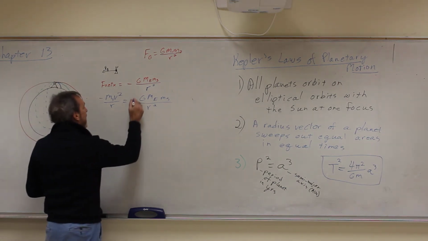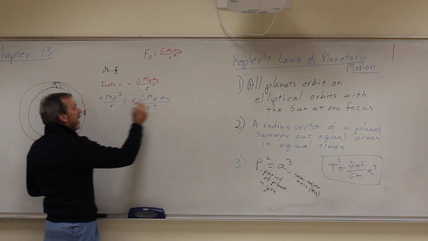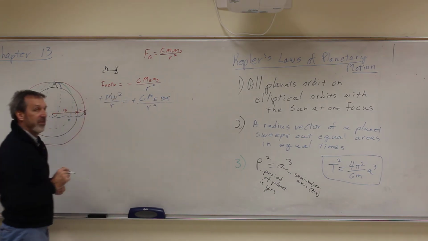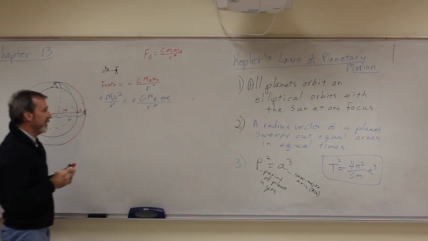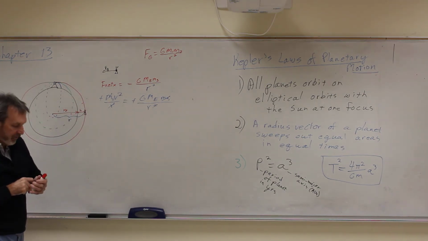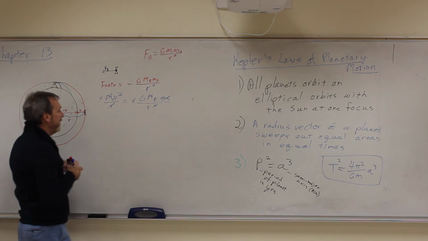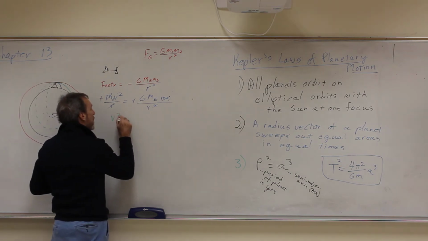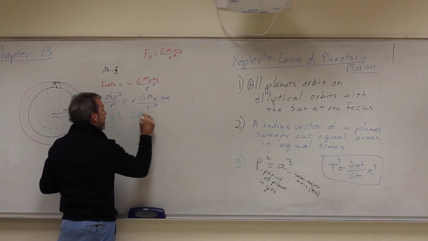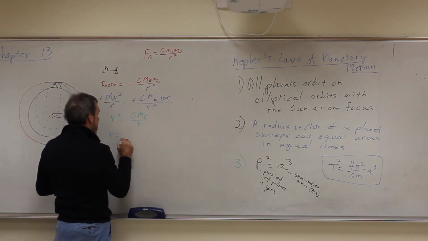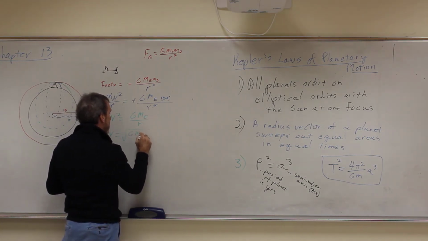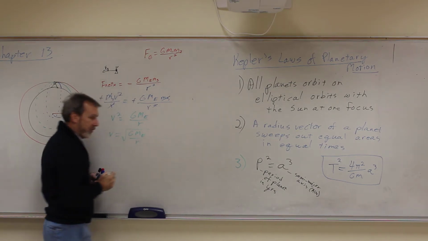So the negatives cancel. I can also divide out the mass of the satellite. And look, I can get rid of one of the r's. So this simplifies massively. And I get that v squared is equal to G m_e over r. Or v is the square root of G m_e over r.